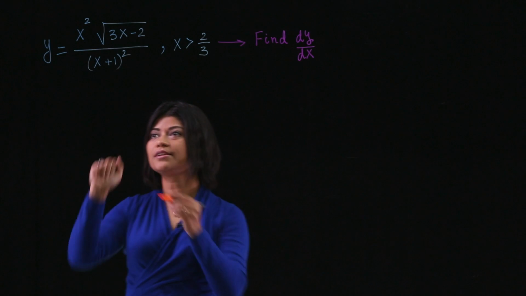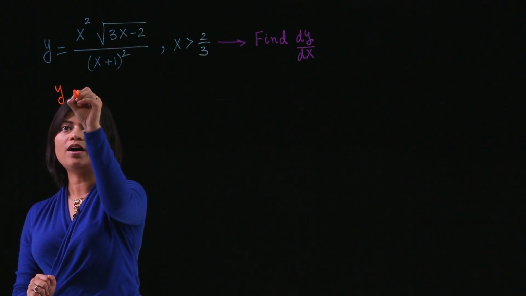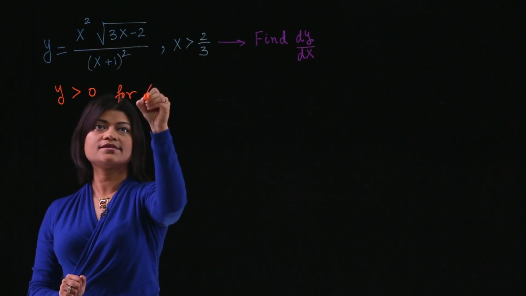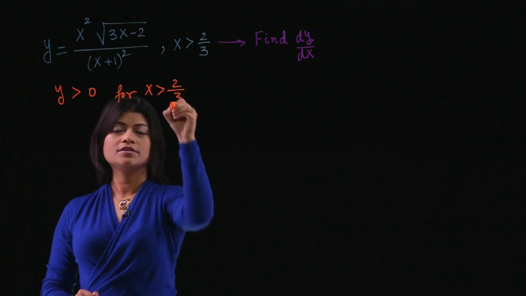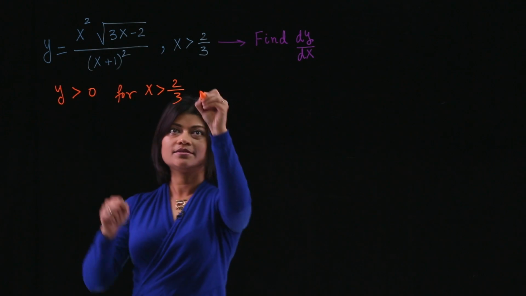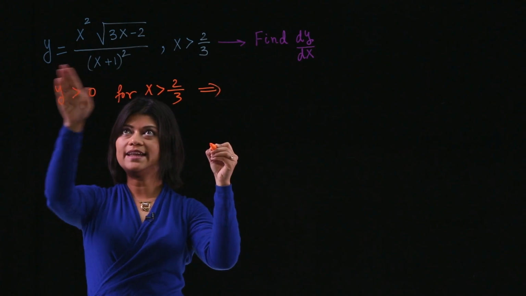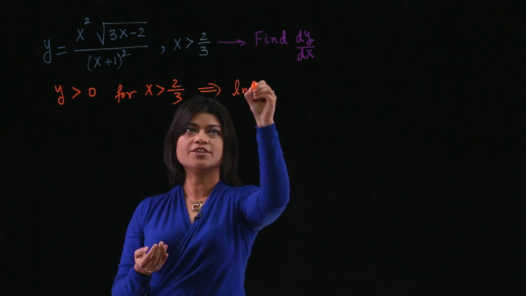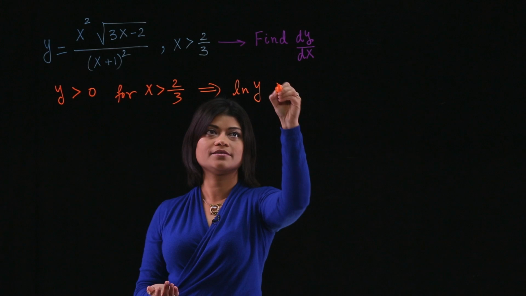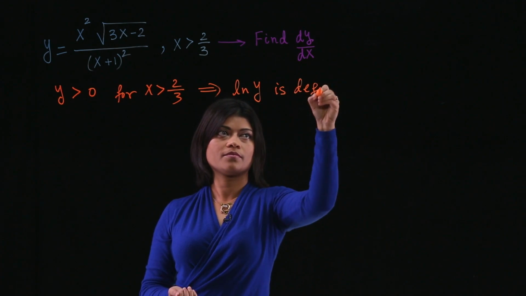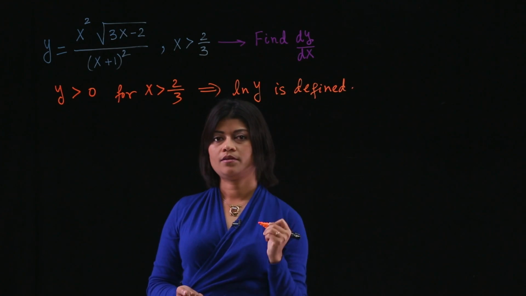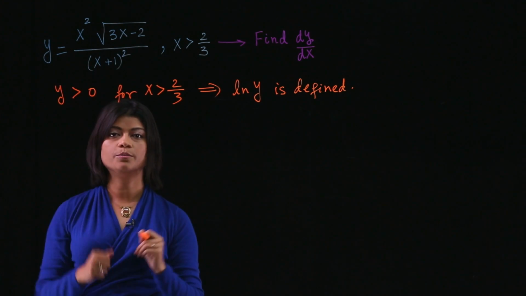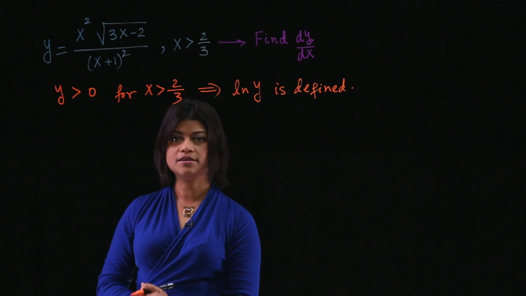Everything is going to be positive, so this entire y will be positive when x is greater than 2/3. And because of that, if we apply natural log to the function, it will be defined. So natural log of y is defined, and therefore we can apply natural log both sides and then take the derivative.